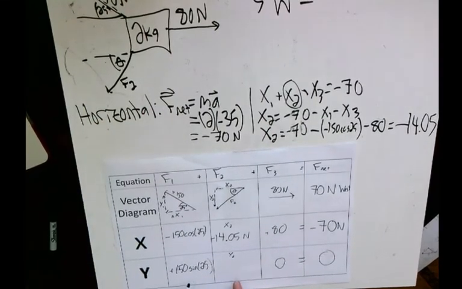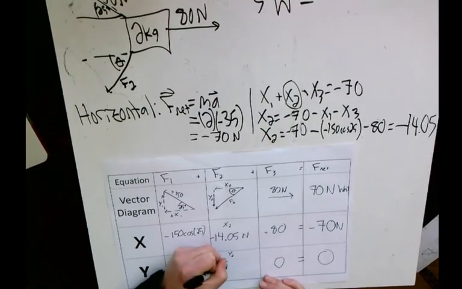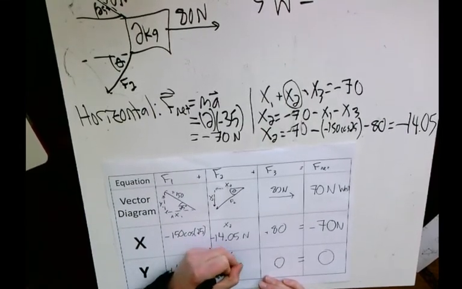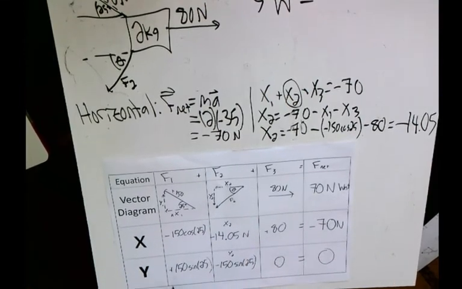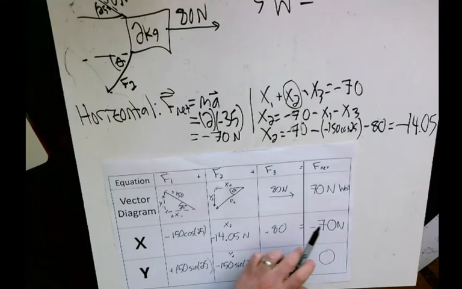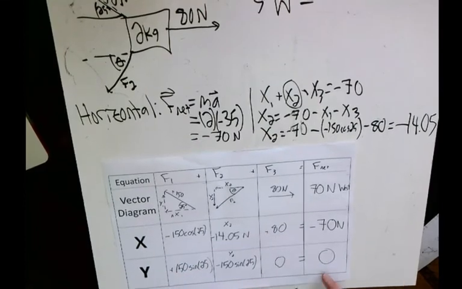So our second force, our unknown force, needs to be opposite our force in the y direction from our first force. So that'll just become negative 150 sine 25. Right? When we add everything in this row up, we end up with 0, which is what we need.